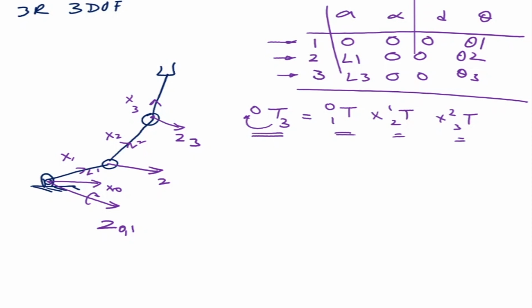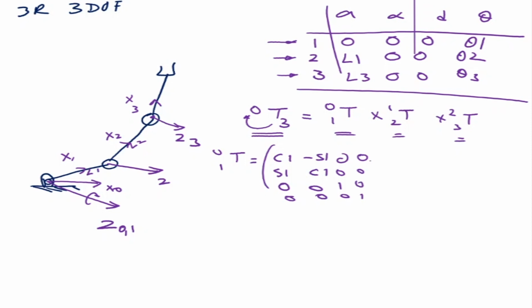Now when I put in the matrices, please refer to the previous notes for what the matrices look like. So the matrix T01 will be, sorry, let me write the full matrix: cos θ1, minus sin θ1, cos θ1, 0, 0, 1, 0, 0. Sorry, it's a 4x4 matrix, so this is 0, 0, 0, 1.